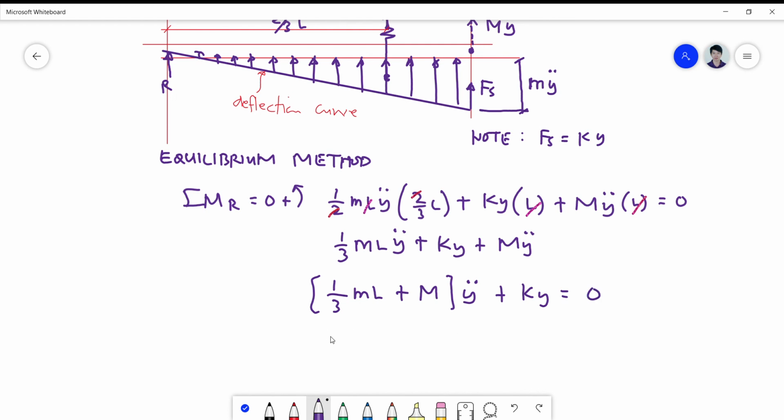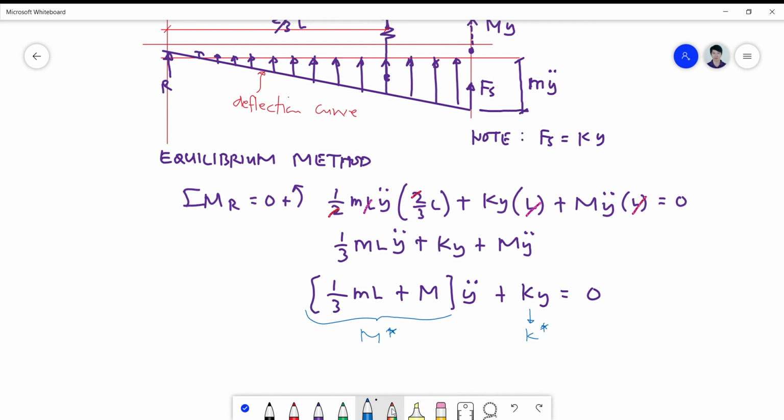This is now your equivalent mass, M asterisk, and of course your K is your equivalent stiffness.